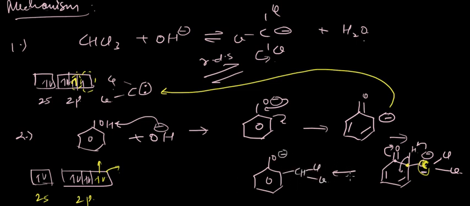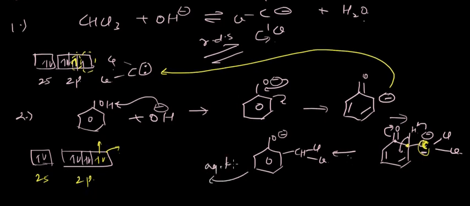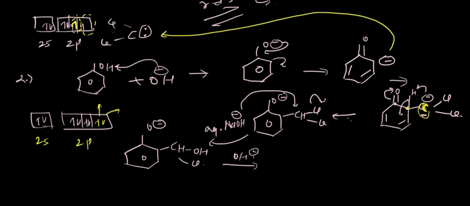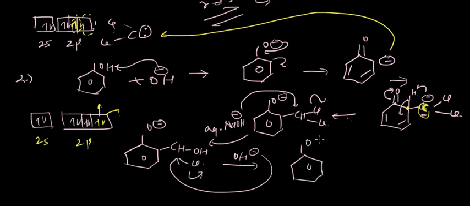Okay, so now in the presence of aqueous KOH, or rather NaOH, the OH minus actually attacks this carbon atom. As a result, Cl would leave this carbon, and we will get something like this, O minus, and Cl here. Again, OH minus will attack this carbon atom, and Cl minus will be the leaving group.